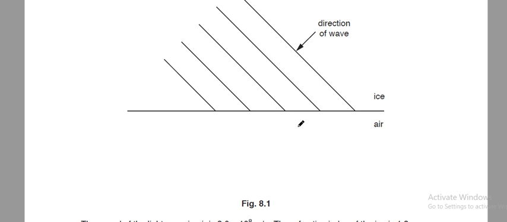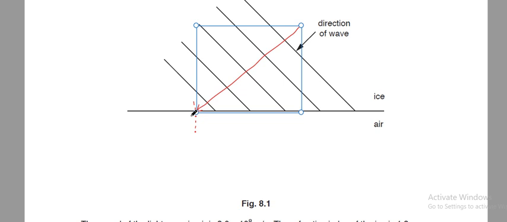We know that direction of wave is perpendicular to the wavefront. So if we draw a ray or an arrow to represent this direction, which is parallel to it, we expect that transfer of light from ice to air makes the ray deflect away from normal.